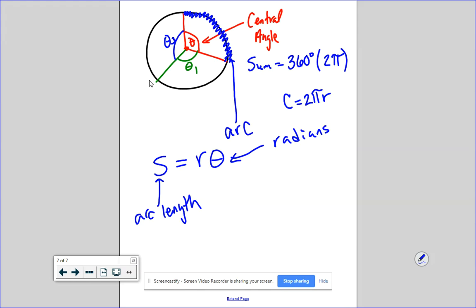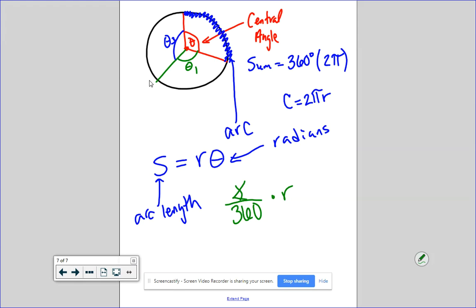So the formula is different if I give it to you in radians versus degrees. And just so you're aware what that formula looks like, in degrees it's your angle divided by 360 times r.